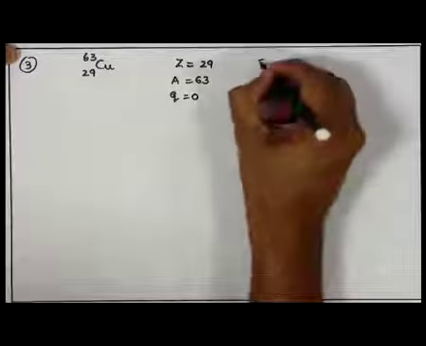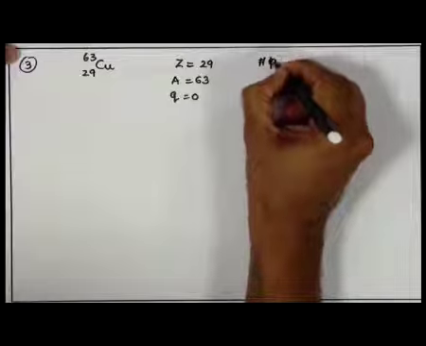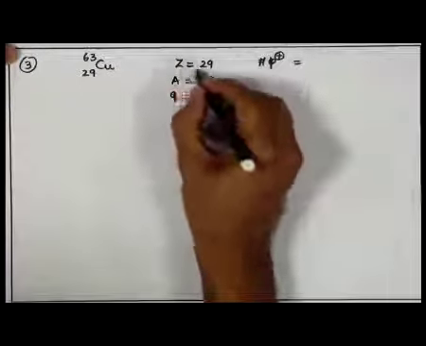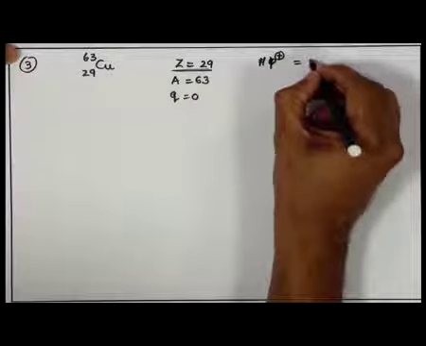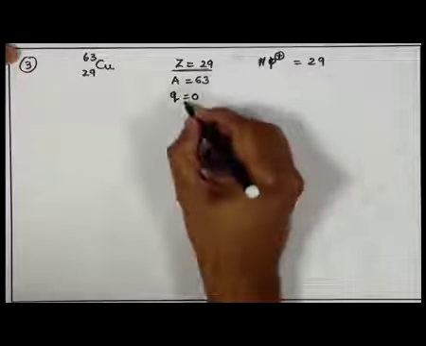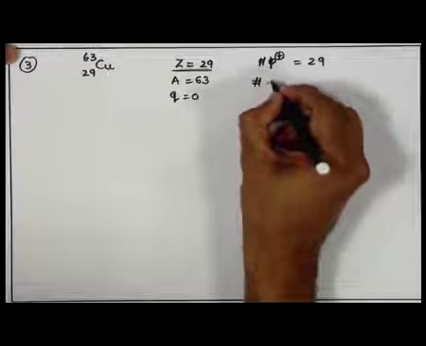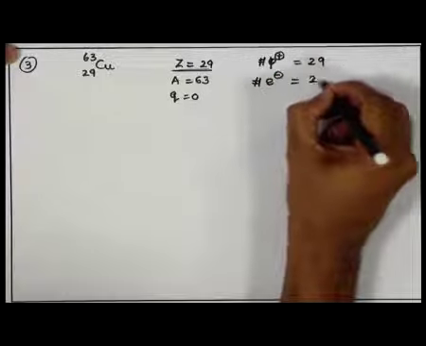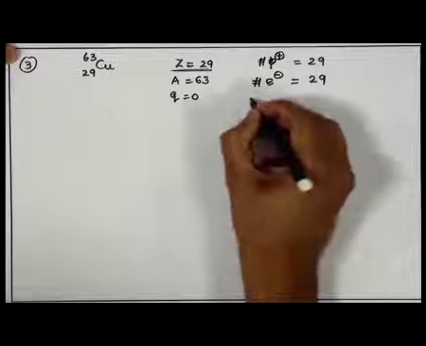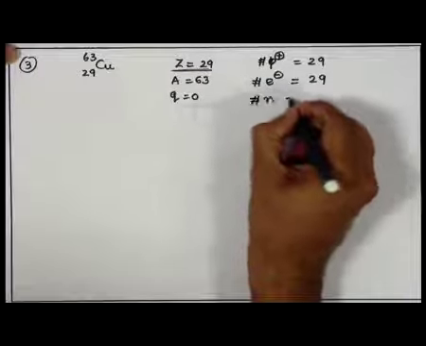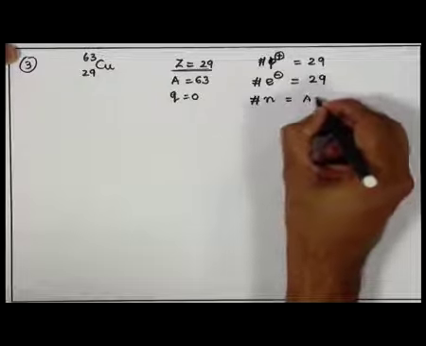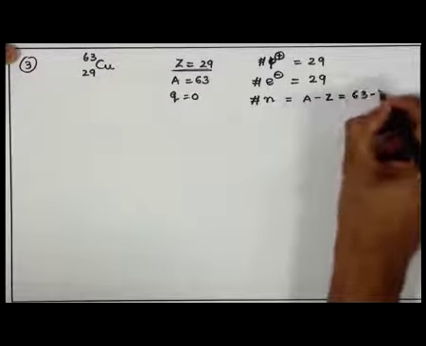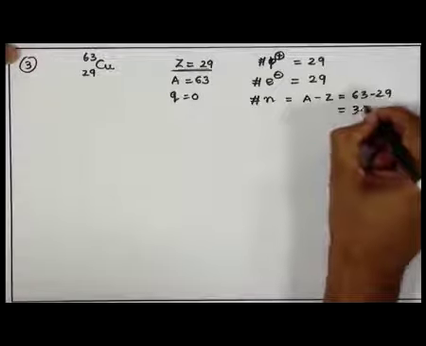Let us find out the number of protons first. The number of protons is the atomic number, so this is 29. Since the charge is 0, the number of electrons must be equal to the number of protons, and the number of neutrons is A minus Z, which is 63 minus 29, and that is 34.